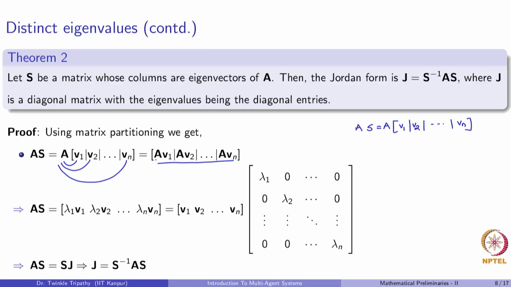So, what is A v1? Since v1 is nothing but an eigenvector, we can substitute here lambda 1 v1. Similarly, this becomes lambda 2 v2 and lambda n vn. So, what do we have here? The matrix AS is simply equal to this matrix.